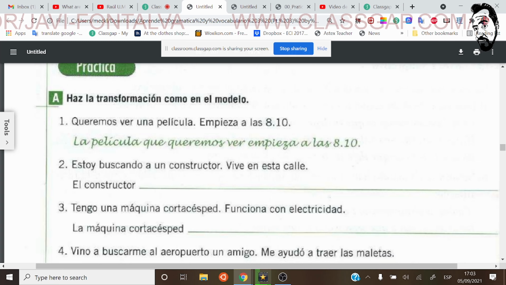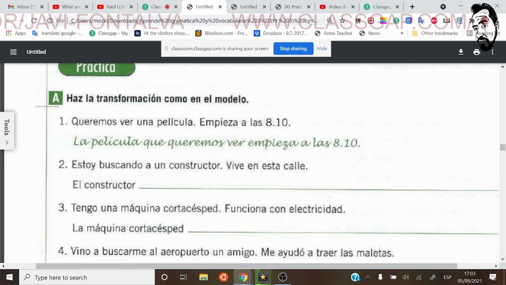If you want to say it a different way, you will have to change the place of el constructor. So you could say, estoy buscando al constructor que vive en esta calle.